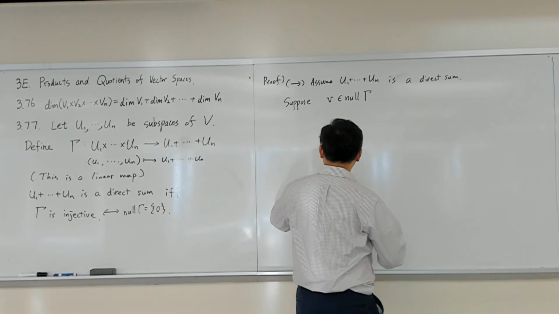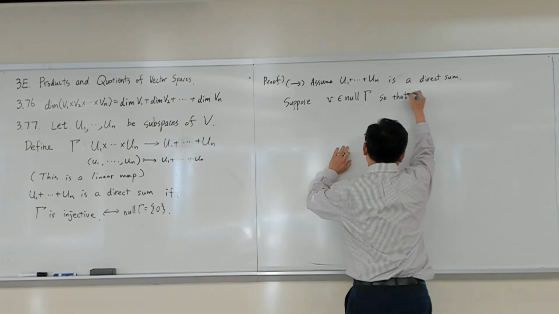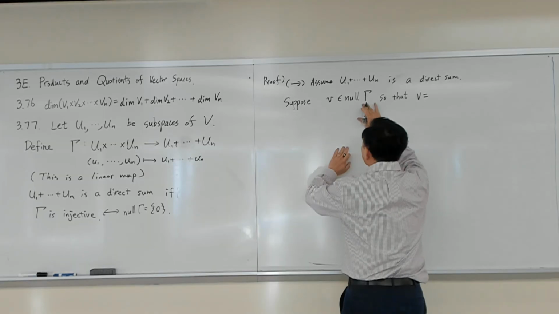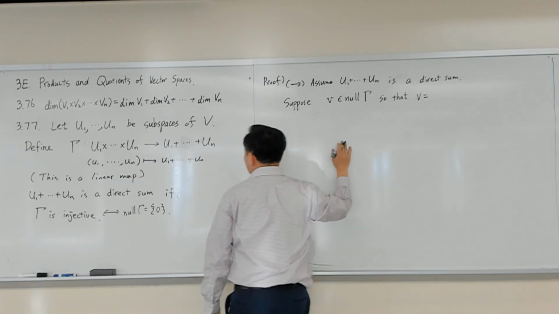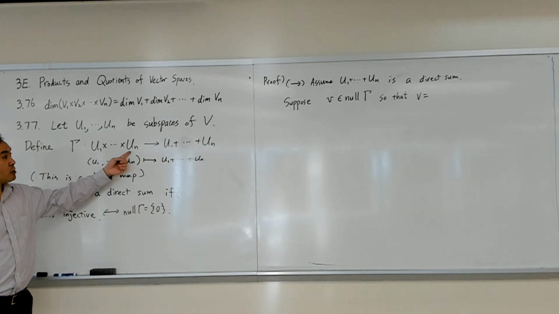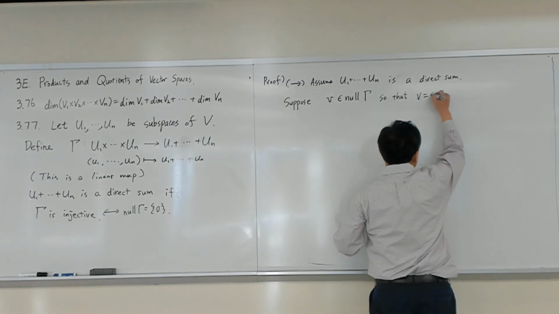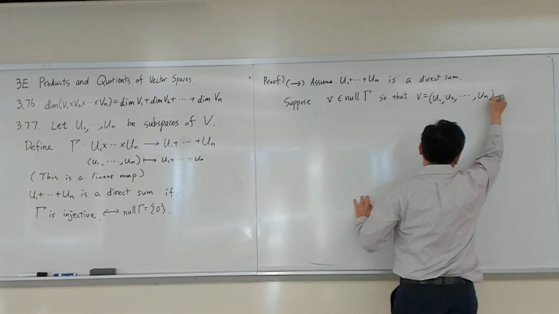Well, what's in the null space? First of all, gamma has the domain as the product set, so v would look like (u1, u2, ..., un), right?